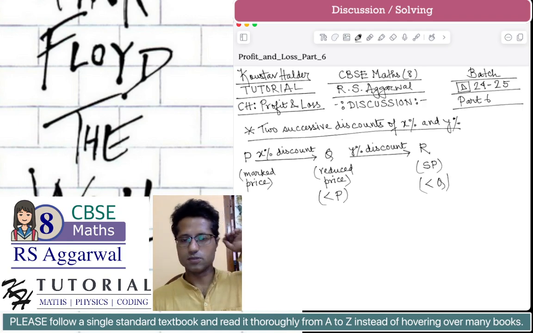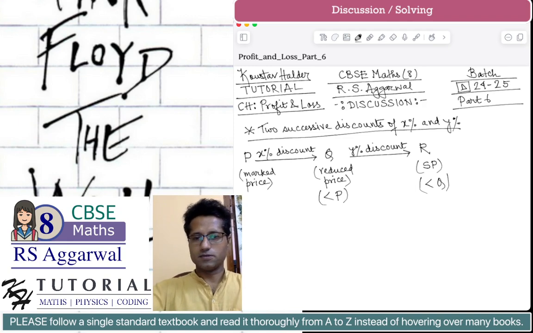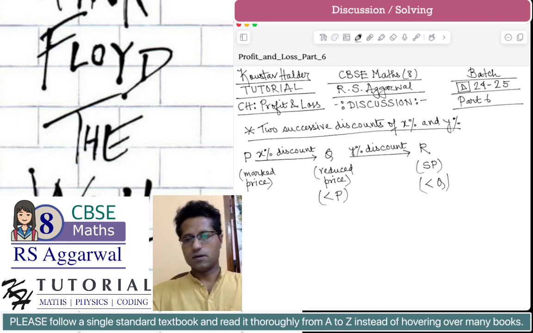So the main concept is that the first discount is applied on the mark price, and then the next discount is applied on the reduced price, which is the price after the first discount has been applied on the mark price. This is the scenario when two successive discounts of X% and Y% are applied.